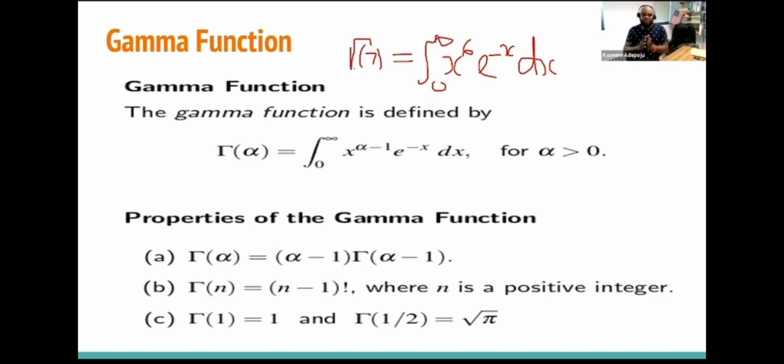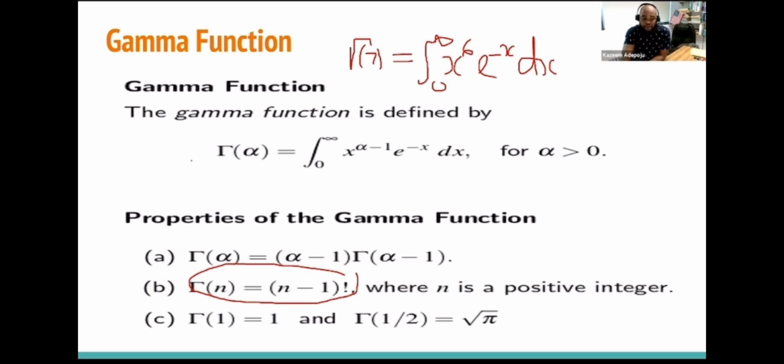Okay, and if that is gamma 7, we can actually use the idea here: gamma n equal to n minus 1 factorial. This is the non-integral definition of a gamma function, which can actually be equated to the integral one.